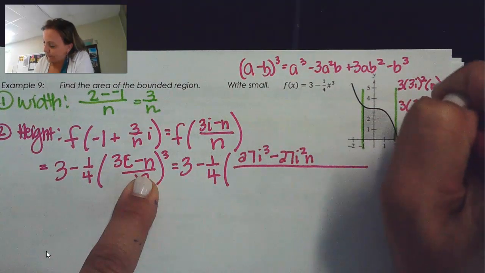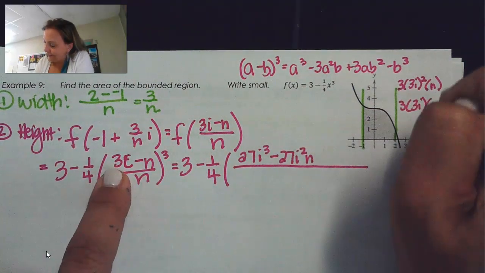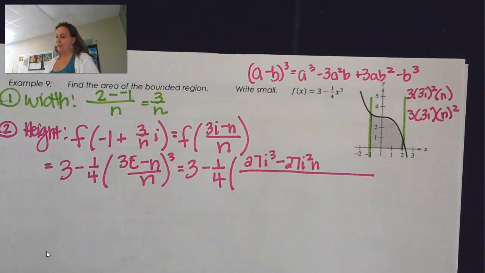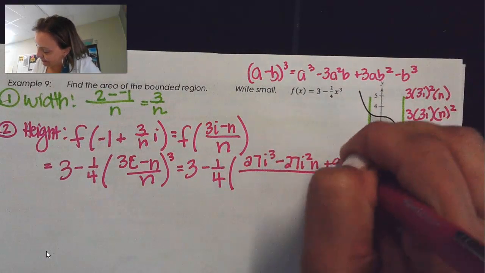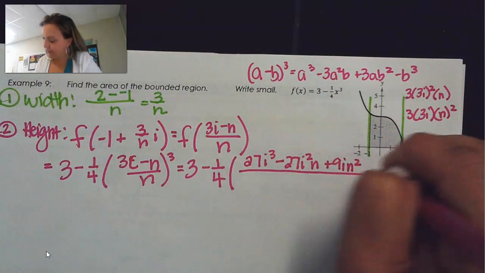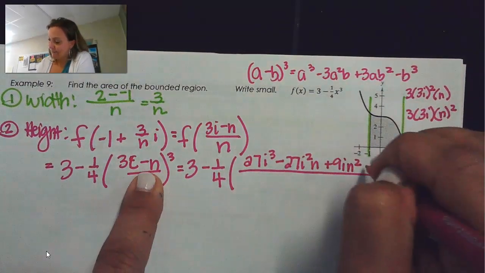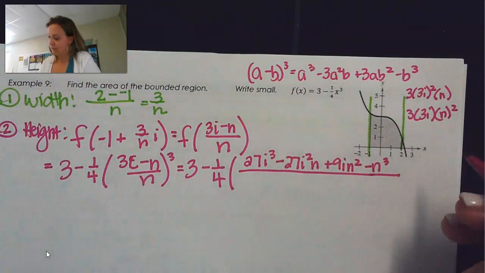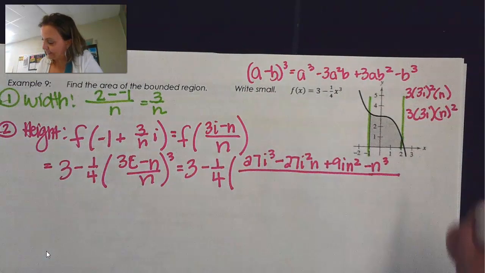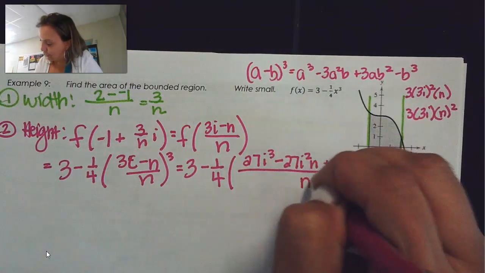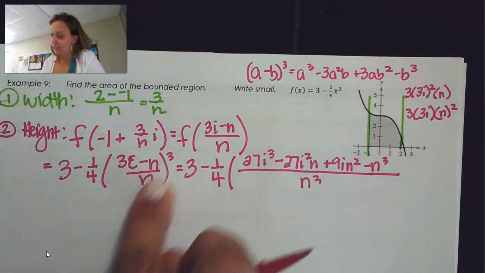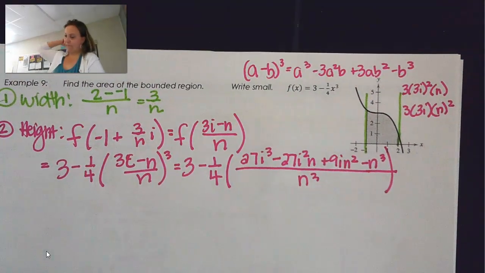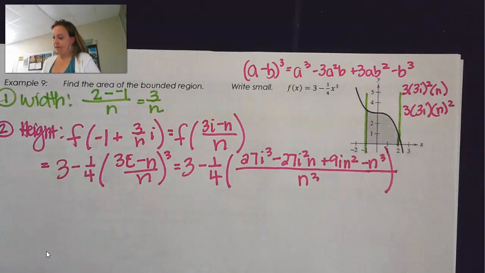Now I'm going to have 3 times a times b squared, so 3 times 3i times n squared, that's going to be 9i n squared. And then minus cubed, so minus n cubed. And then this is over n cubed, because I'm going to cube the numerator, cube the denominator. Okay.